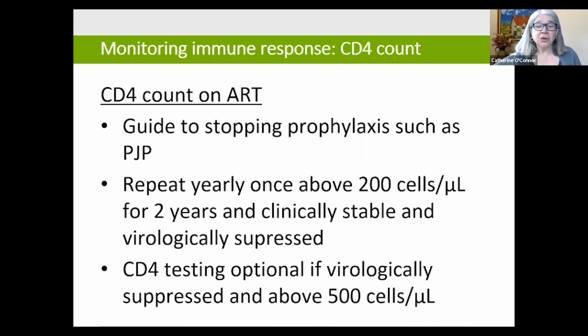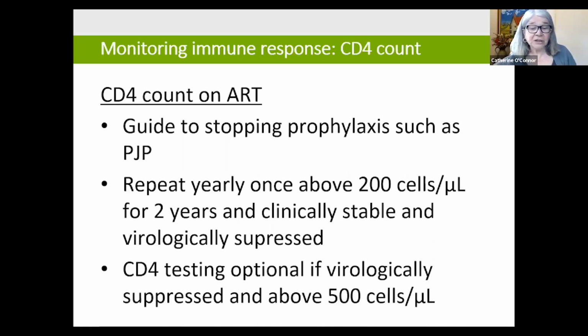So when we're looking at monitoring our HIV patient on ART, the CD4 count does, however, give us significant information. It gives us a guide as to when to stop prophylaxis for opportunistic infections such as PJP.